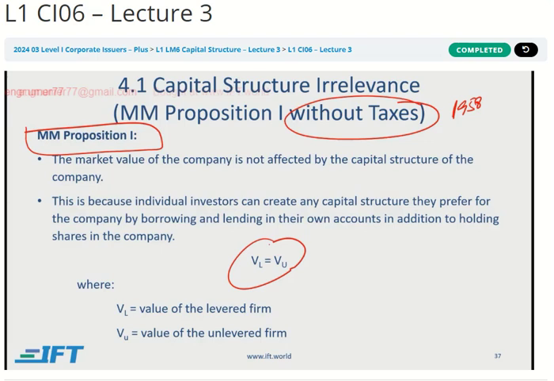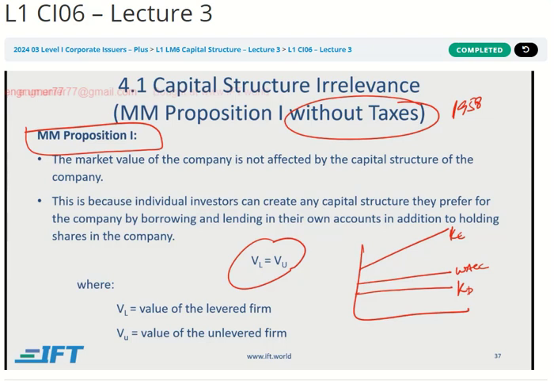the value of the levered firm is equal to the value of the unlevered firm, right? Because there's basically no reduction in your weighted average cost of capital, right? Even though the cost of debt is lower, the cost of equity goes up, and therefore the impact on your weighted average cost of capital is offset by the increase in the cost of equity, which increases in a linear fashion.